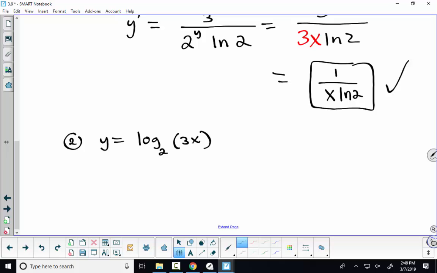If I have the logarithm of a product, how can I write it? All right, maybe I should review properties of logarithms.